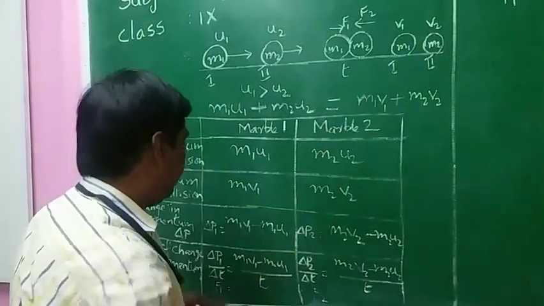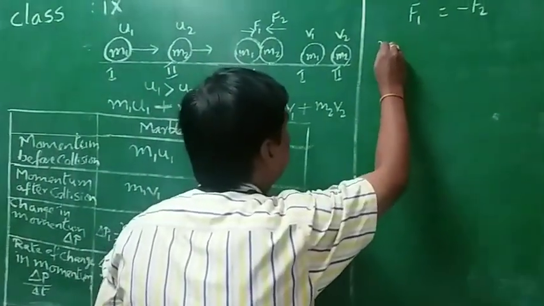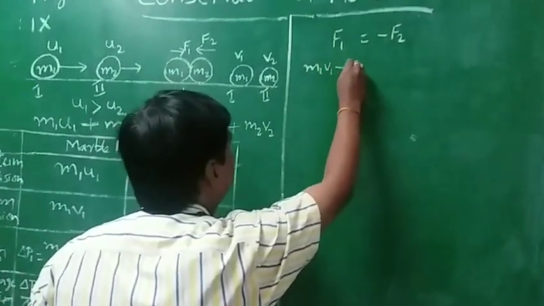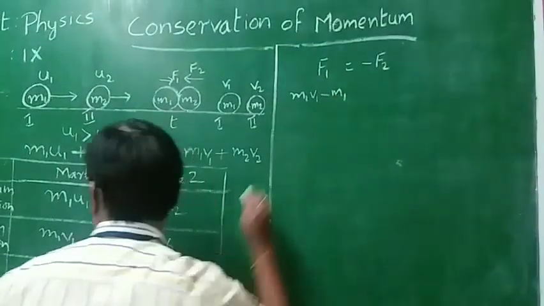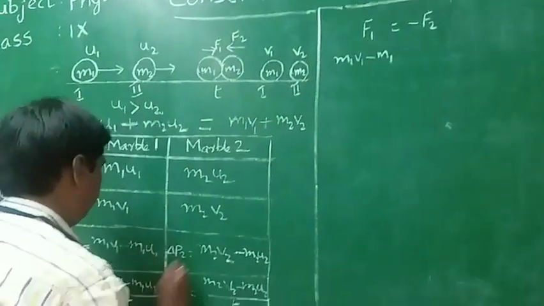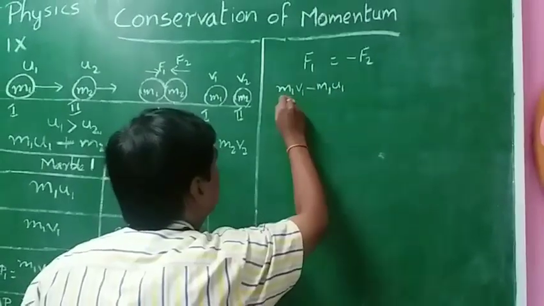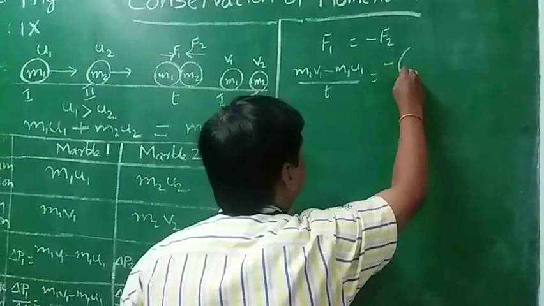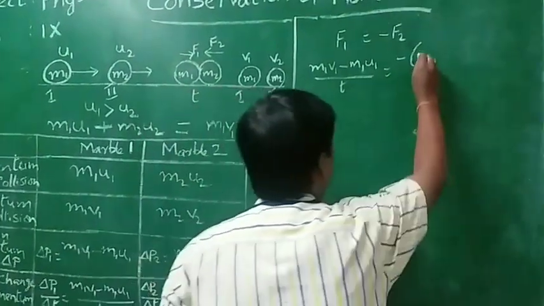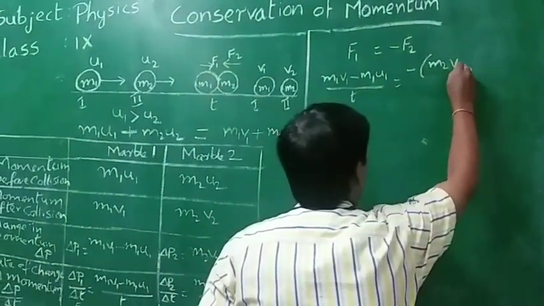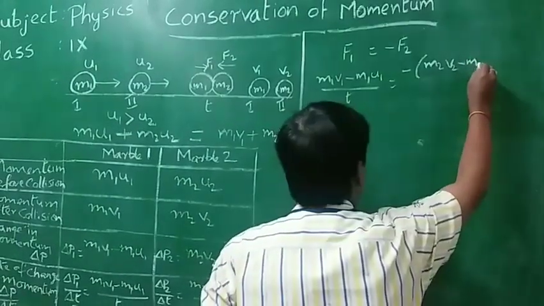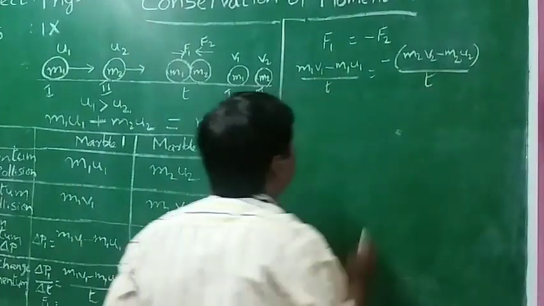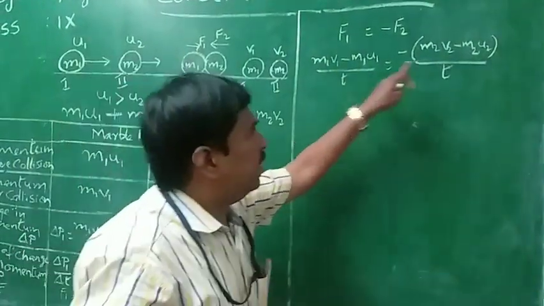If you put the values here, you will get m1 v1 minus m1 u1 divided by t is equal to minus, in parentheses, m2 v2 minus m2 u2 divided by t. If we transfer this t to the other side, then the t and t get cancelled.